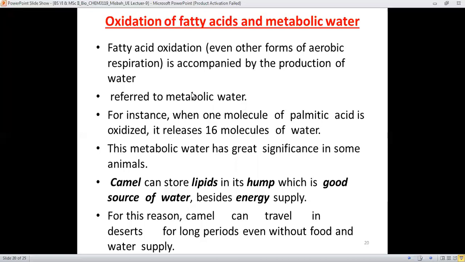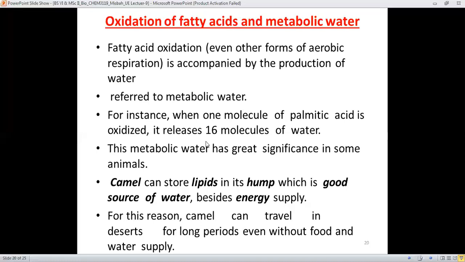For instance, when one molecule of palmitic acid is oxidized, it releases 16 molecules of water. And in the body there is not only one molecule of palmitic acid, we eat a number of multiples of the molecule of palmitic acid. Therefore, multiples of molecules of water are yielded or released in the body.